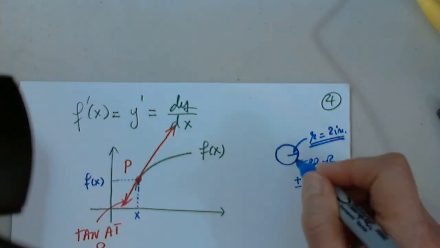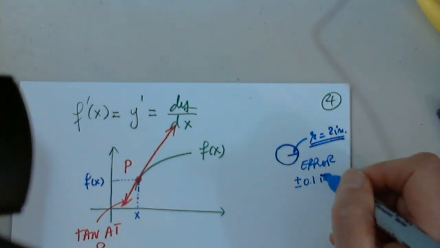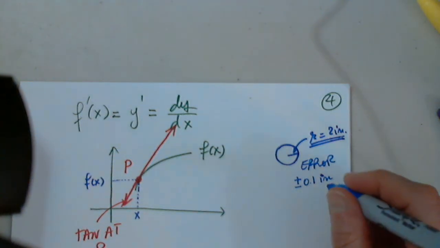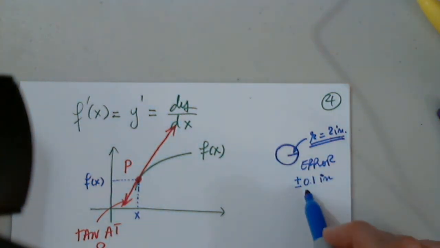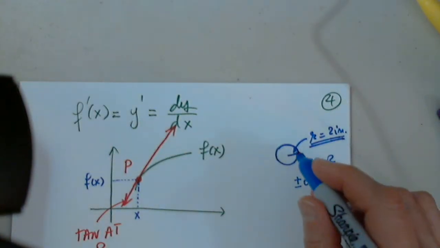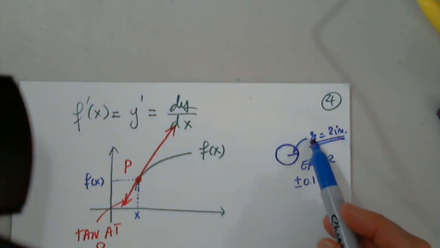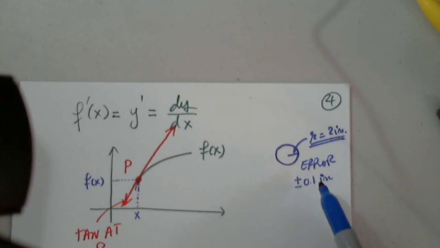The machine that is cutting them has an error. However, maybe the customer says it's okay, but I want you to determine for me what is the error in the area. So you have an error in the radius. How much error in the area will that create?